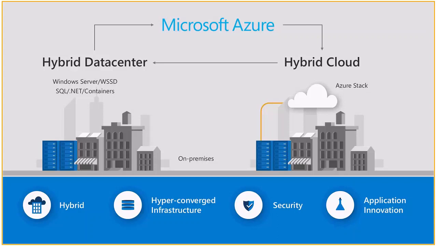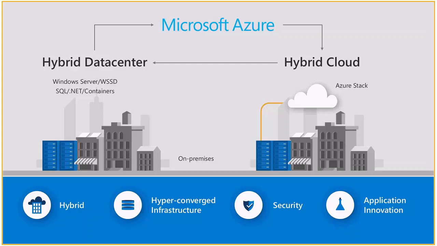When we think about cloud and cloud ready, we have 3 core areas that Microsoft are focusing on. Azure is obviously a big part of that, being the public cloud. The left side, the hybrid data center, is the on-premises component of cloud where we have Windows Server.